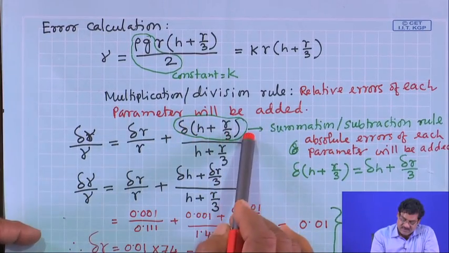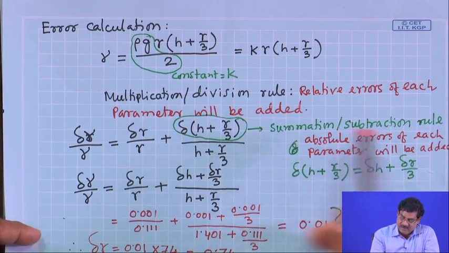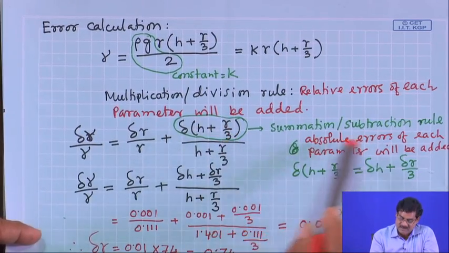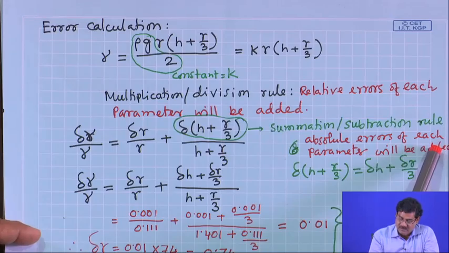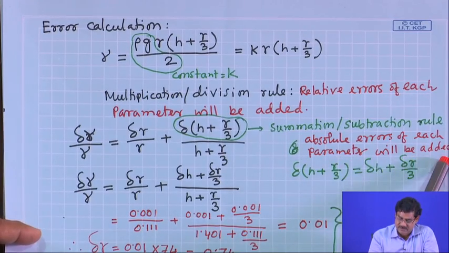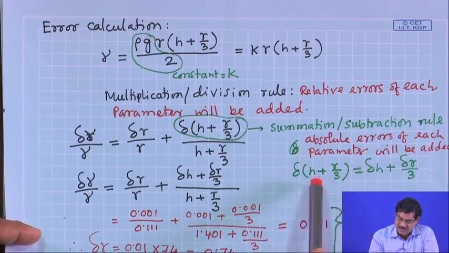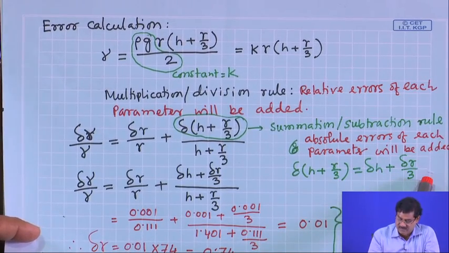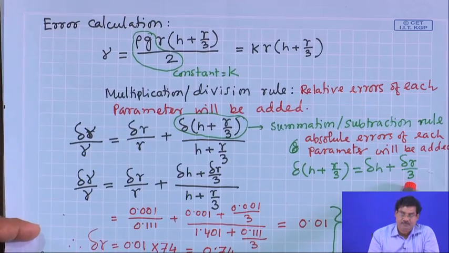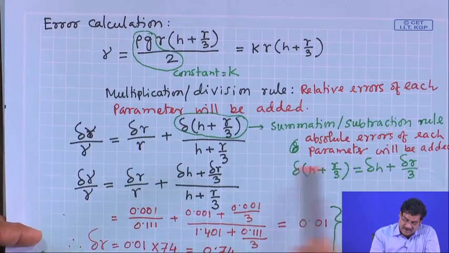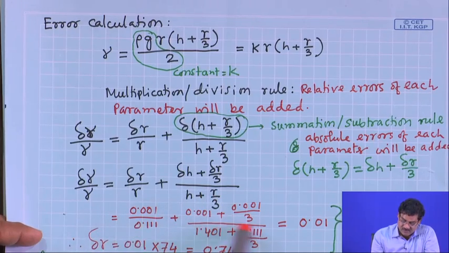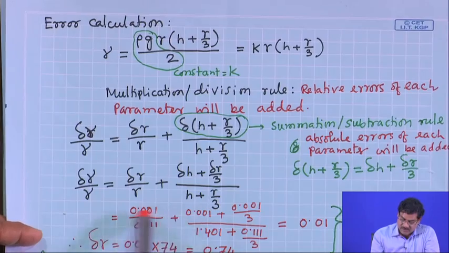Now this part is from the summation and subtraction rule: the absolute errors of each parameter are added. So that means del (h plus r by 3) equals del h plus del r by 3, as the 3 is constant. You put it back here, put the values of del r and del h, 0.001, and calculate.